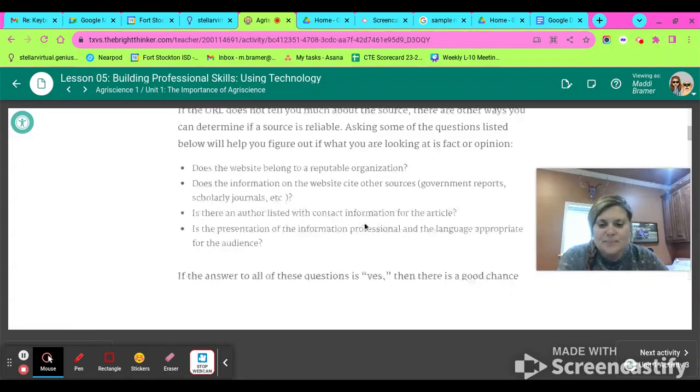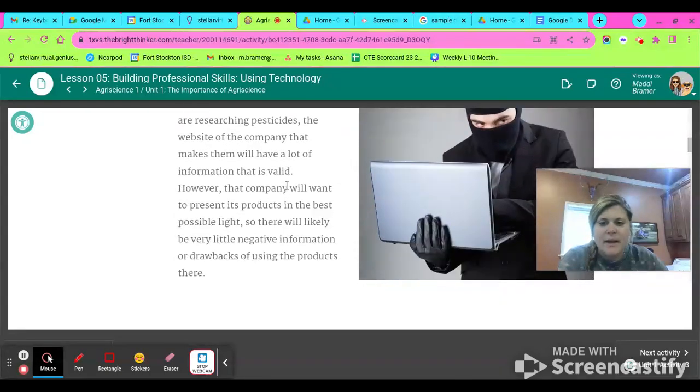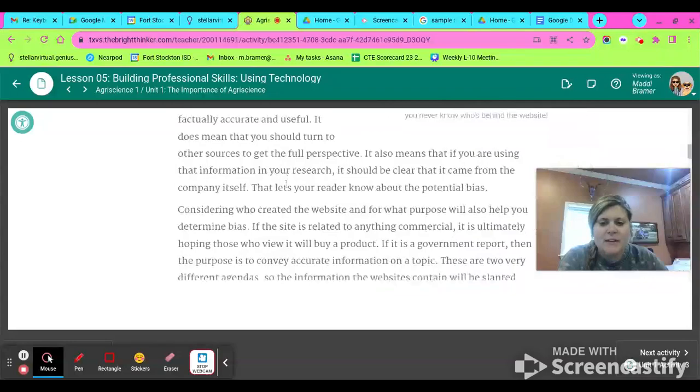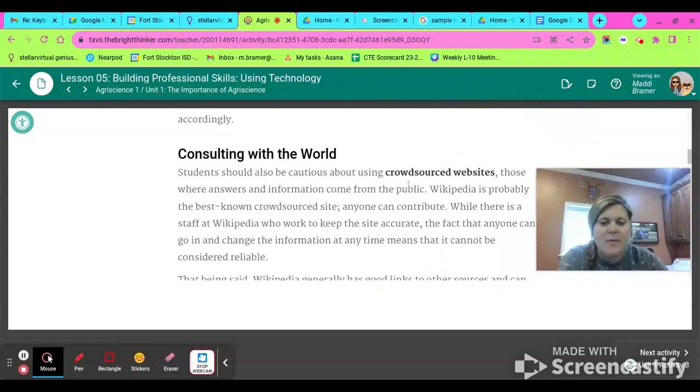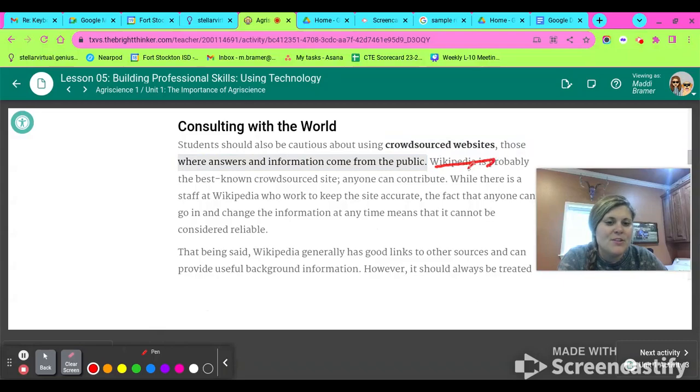Okay, and then it goes on and it talks about making sure your sources are correct, being aware of bad ones. One thing that you should not use are crowdsourced websites. So it says those where answers and information come from the public. Wikipedia is going to be the number one that you think of whenever you think of a crowdsourced website. If you don't know, Wikipedia is a site where anybody can edit it.